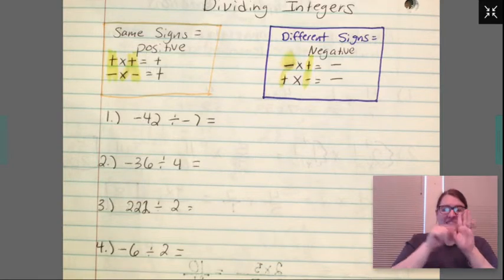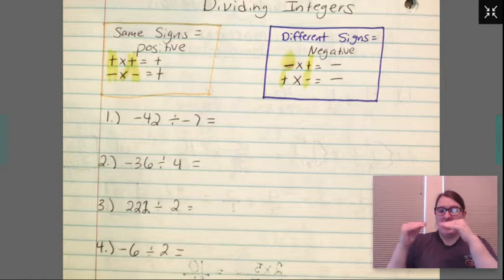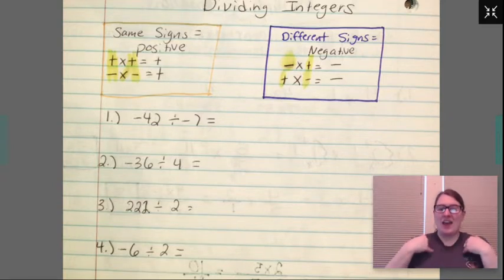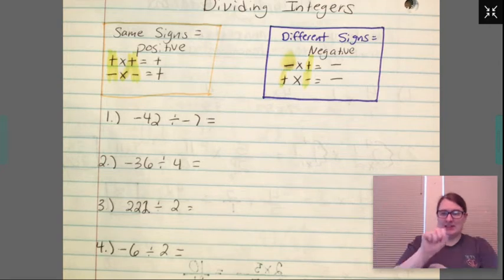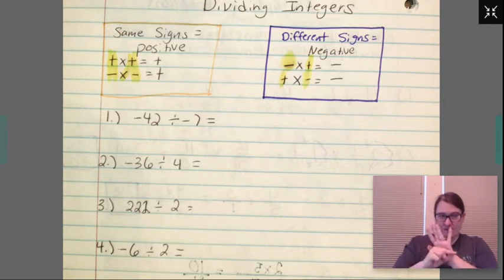Or if it's a negative times a negative, or a negative divided by a negative, it equals a positive. Okay, if it has different signs, like one is a negative and one is a positive, then the answer will be negative.